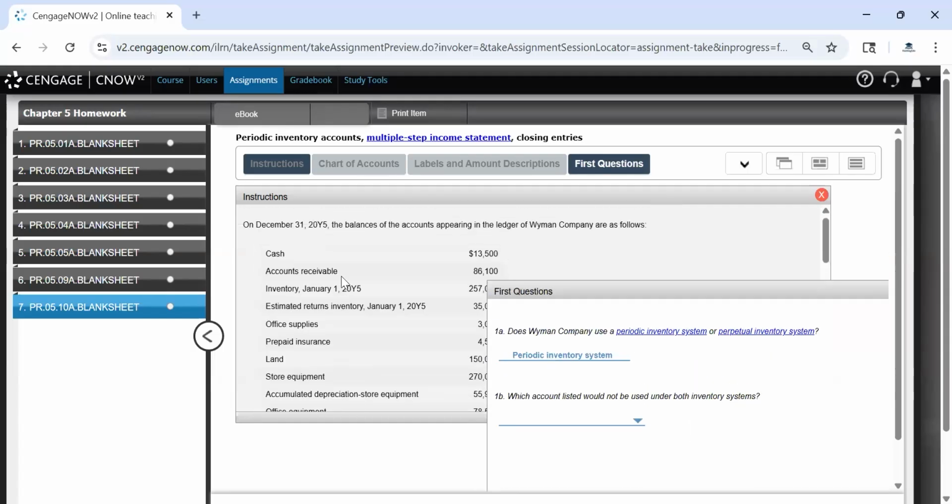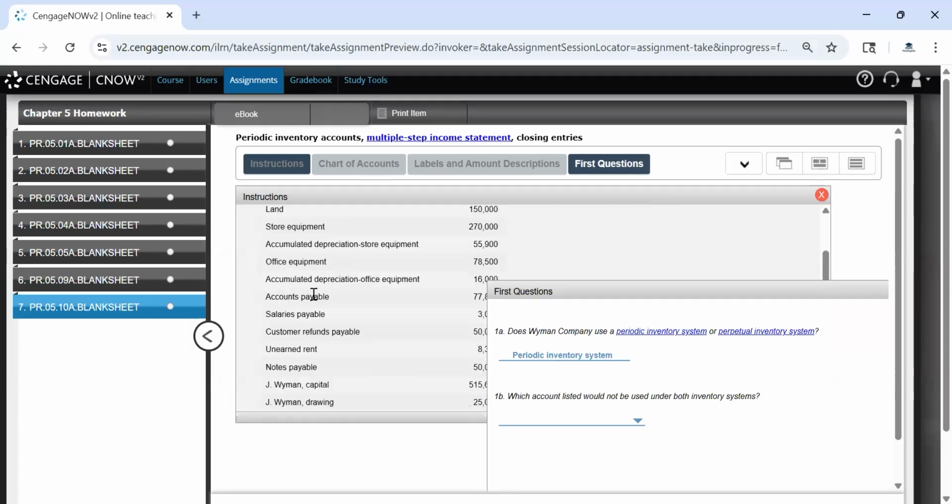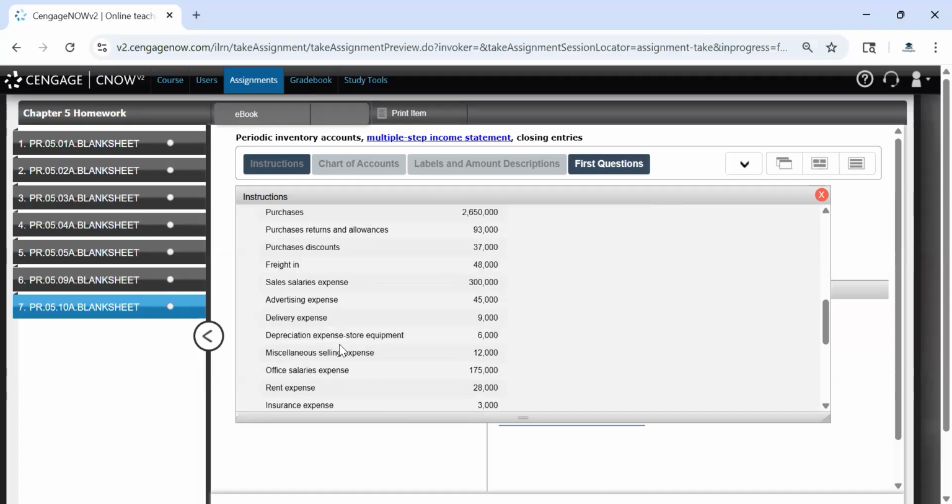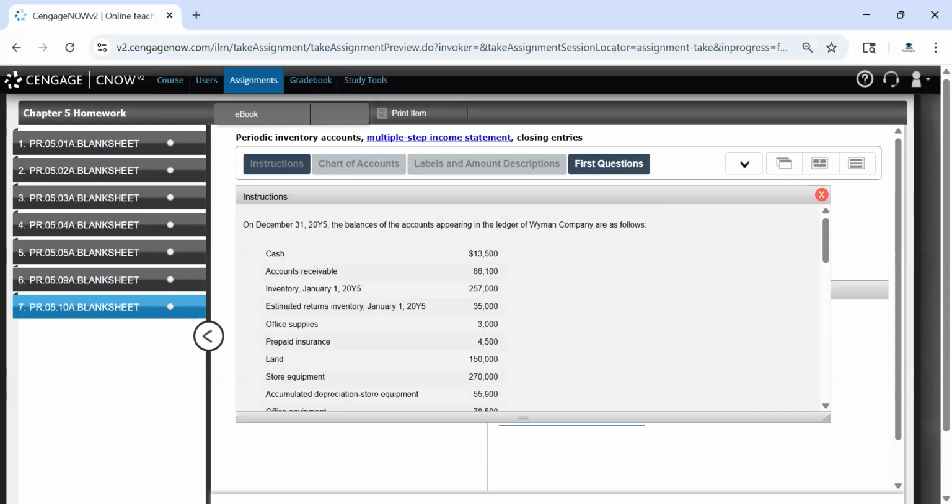This problem is on the periodic inventory system, but we know that it is periodic because we have purchases, purchase returns and allowances, purchase discounts, freight in. Under the perpetual inventory system, we would only have cost of goods sold.